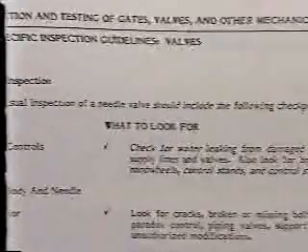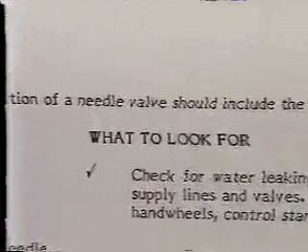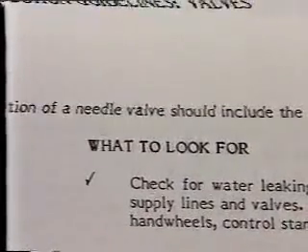The text also discusses the kinds of problems that you should look for when inspecting gates and valves. Cavitation damage is one of the most common problems. Cavitation damage is caused by a combination of high-velocity flows and low pressures.